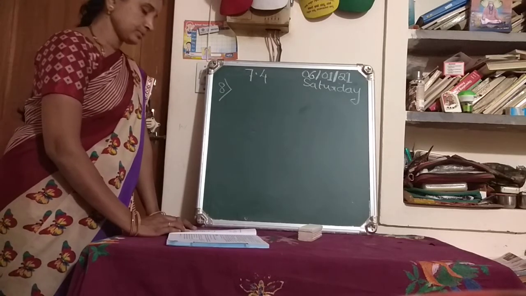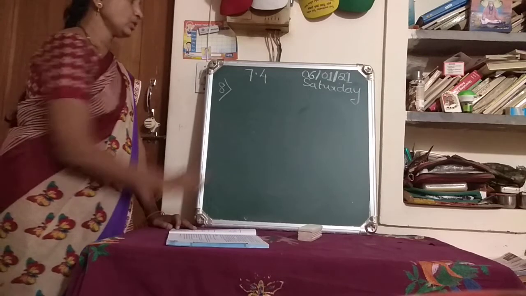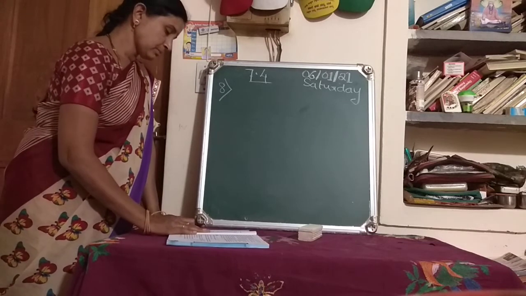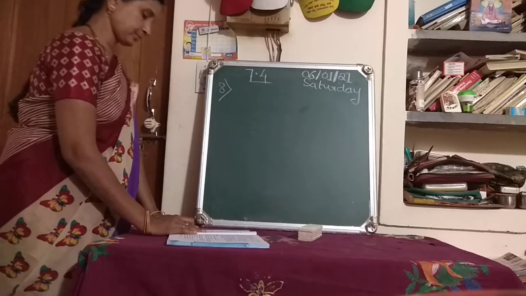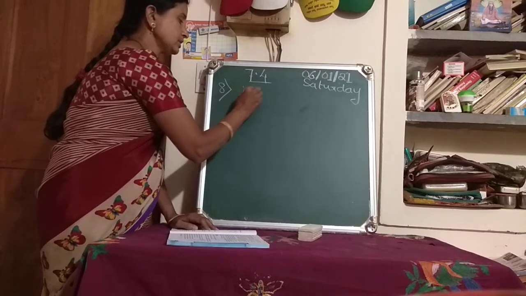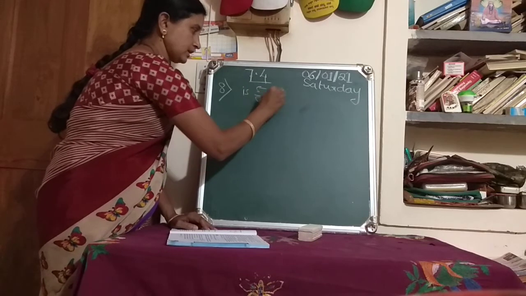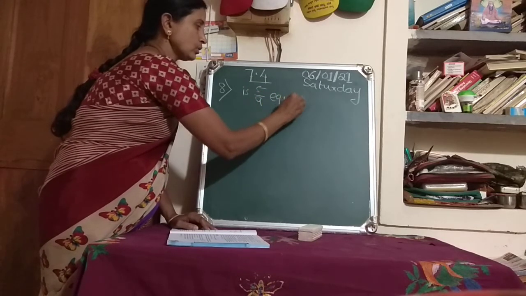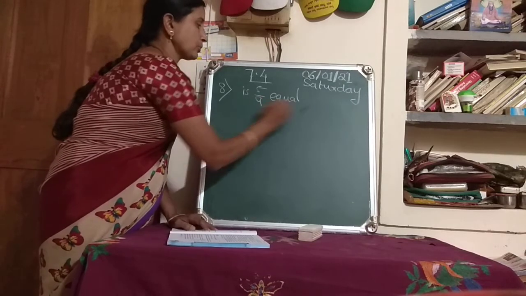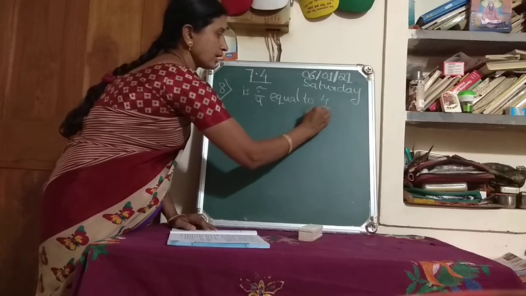We'll take question number 6 of page number 22 from exercise 7.4. Let me take an example: is 5 upon 9 equal to 4 upon 5? We have to verify whether 5 upon 9 is equal to 4 upon 5.